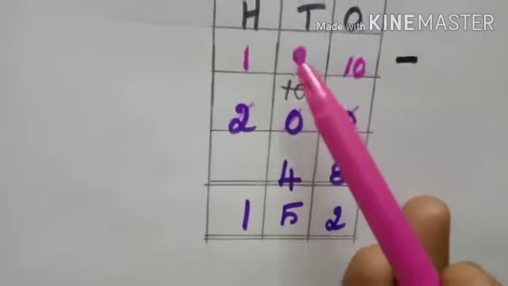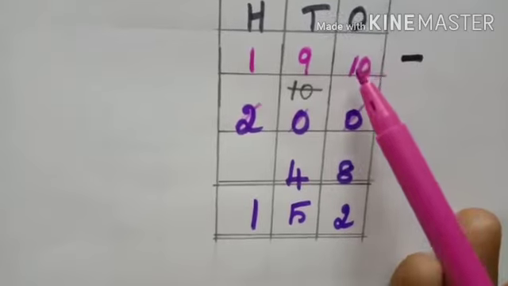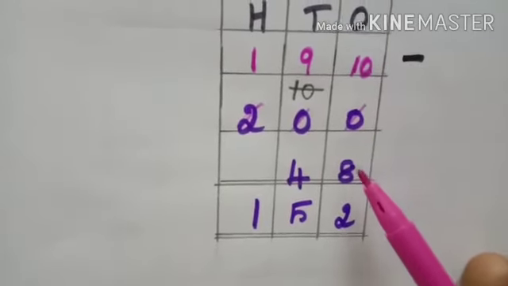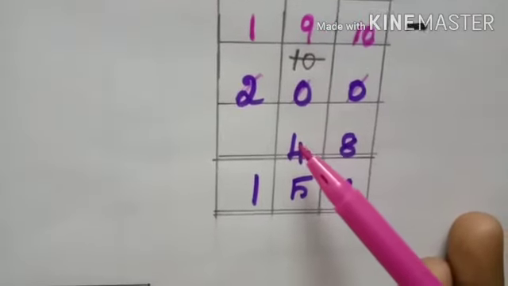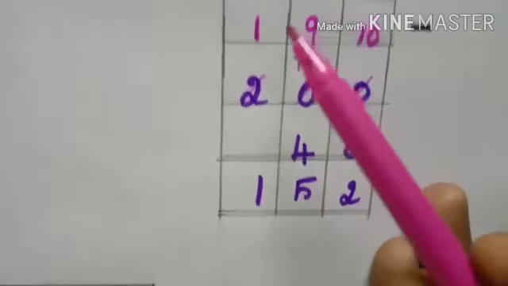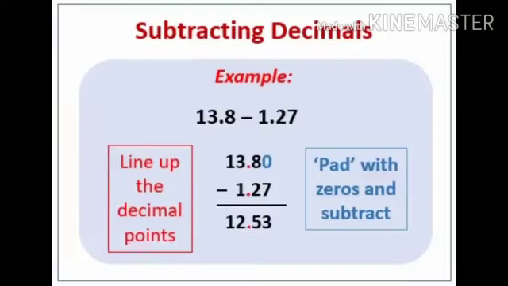So the 10 becomes 9, and the ones place becomes 10. 10 minus 8 is equal to 2, and 9 minus 4 is equal to 5, and here the 1. So the answer is 152.